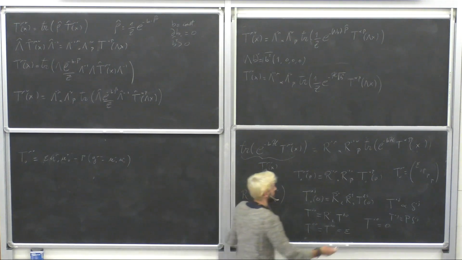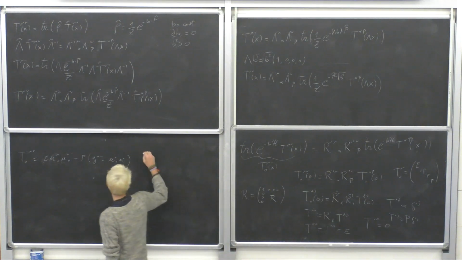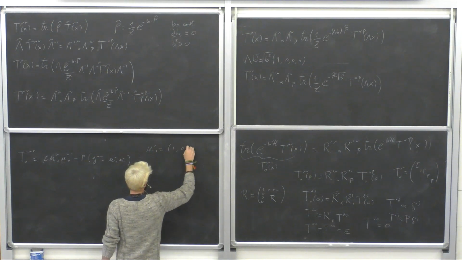This would be this matrix represented using the 4-vector of the 4-velocity. Here u_0 is just 1, 0.